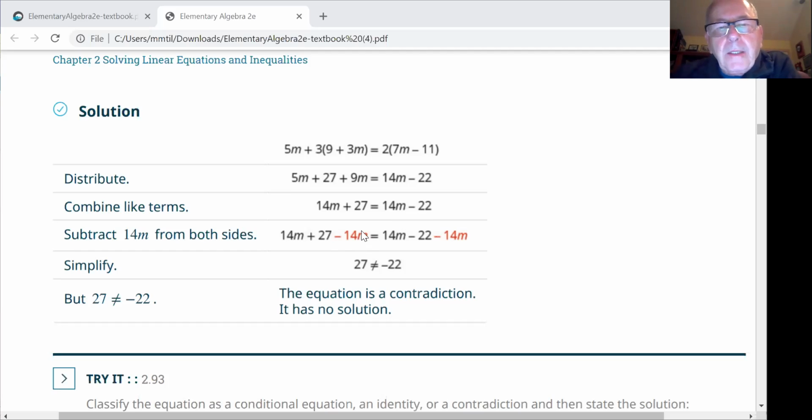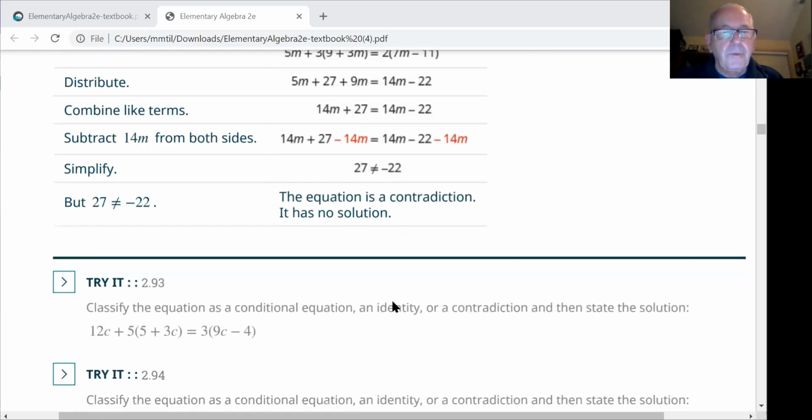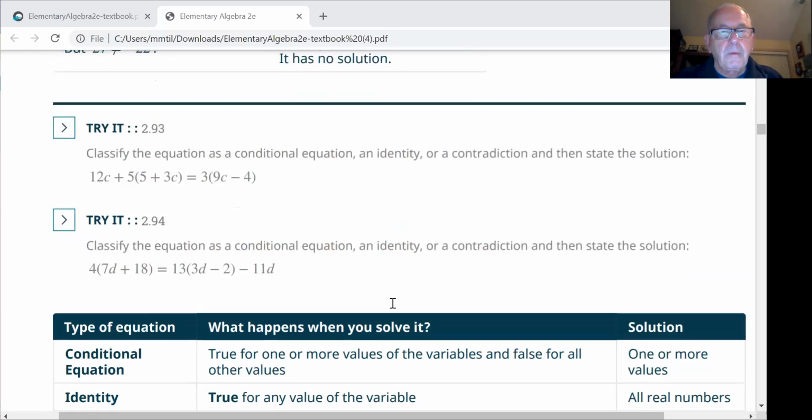Now subtract 14m from both sides. And now we end up with 27 on one side and negative 22 on the other side. And obviously they're not equal. So there's a contradiction here, right? It doesn't have a solution. Contradiction.